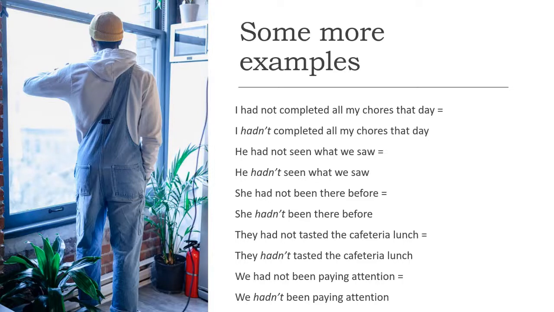Okay, so that brings us to the end of our session on the words haven't, hasn't, and the new one, hadn't. It can be a little difficult to know when to use which example.